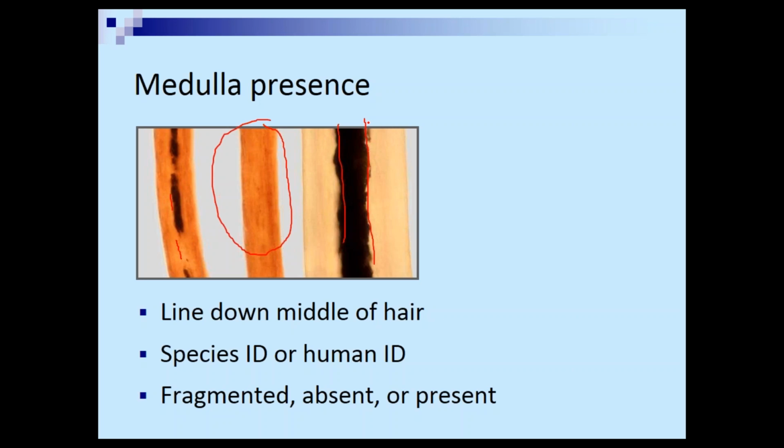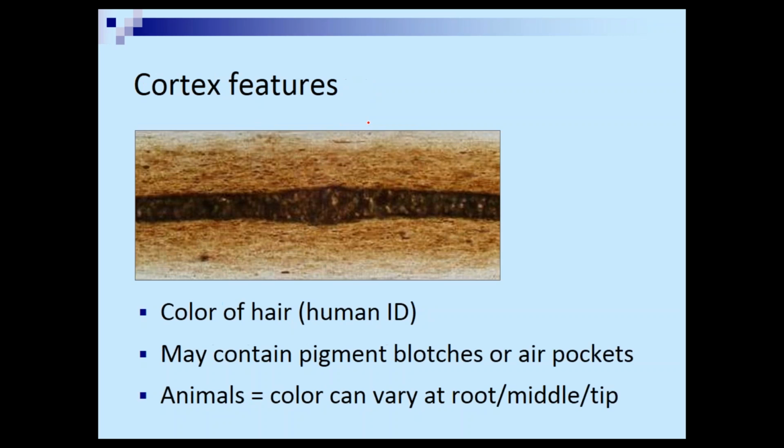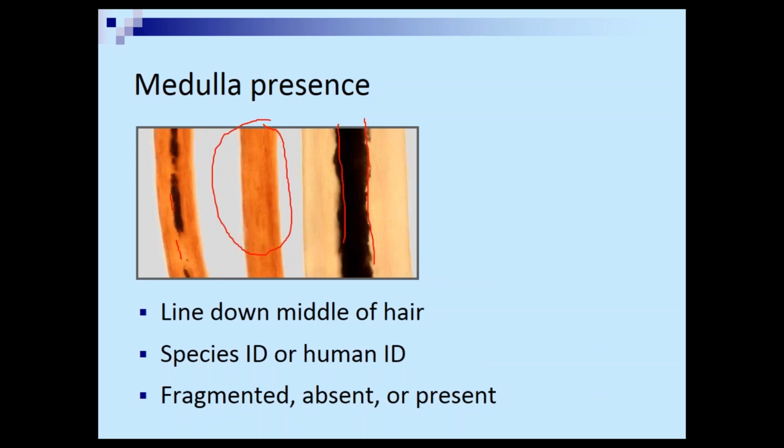I don't think we get into the details of the medullas. It's the scales that I have the animals for. I'm confusing my slides. An amorphous medulla, which looks like what you're looking at there, a solid dark blob, is not just found in humans. Sometimes cats and dogs have similar amorphous medullas.